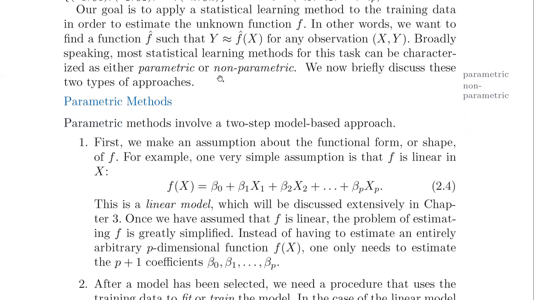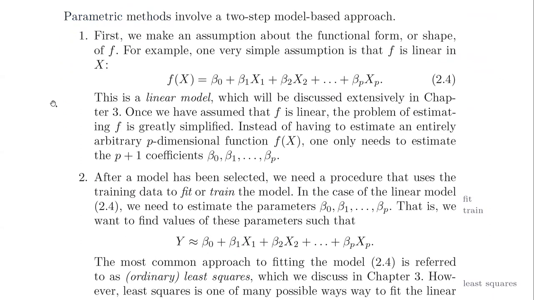Broadly speaking, most statistical learning methods for this task may be characterized as either parametric or non-parametric. Let's start with parametric. Parametric methods involve a two-step model-based approach. First, we make an assumption about the functional form or shape of f.